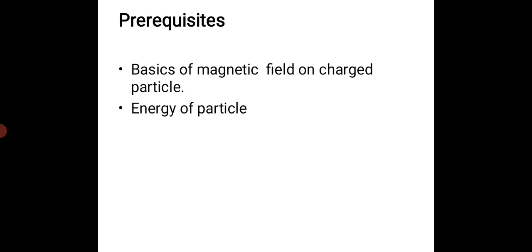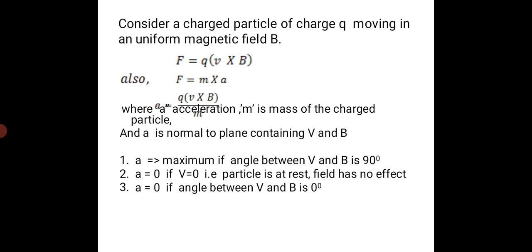The prerequisites to learn this session are the basics of magnetic field on charged particle, its effect and energy of the particle. Let us consider a charged particle of charge Q moving in a uniform magnetic field B. We know that F is equal to Q into bracket V cross B, where V is velocity, multiplied by the magnetic field, and also F is equal to mass into acceleration.